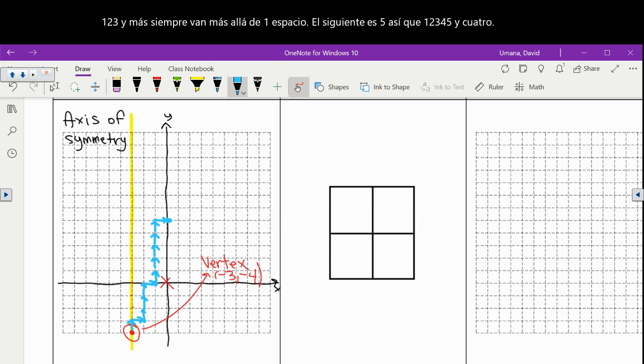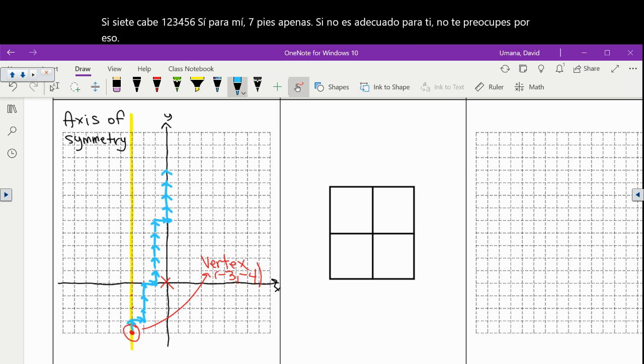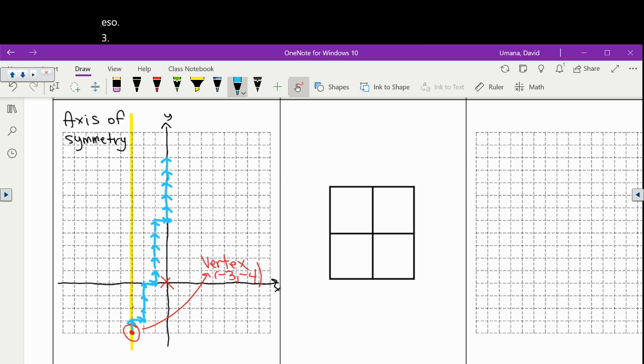By the way, if you happen to have space, see if 7 fits. 1, 2, 3, 4, 5, 6. Yep. For me, 7 fits barely. If it doesn't fit for you, don't worry about it. 3, 4, 5, 6, 7, and it's right on the tip. So it's right here, right here, right here, and right there.